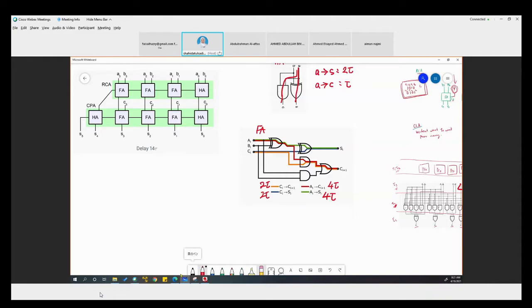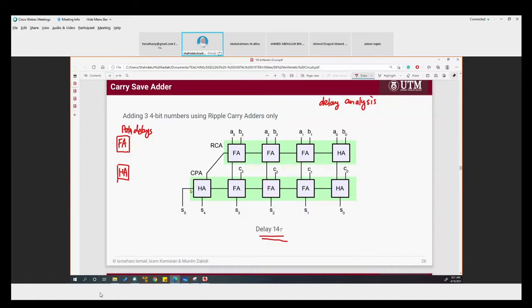Okay, so you can just remember this formula. There are 4 path delays in full adder, which is from A to C, A to S, C to C, and C to S. And if it starts from A, it will take 4 tau. If it starts from C, it will take 2 tau.